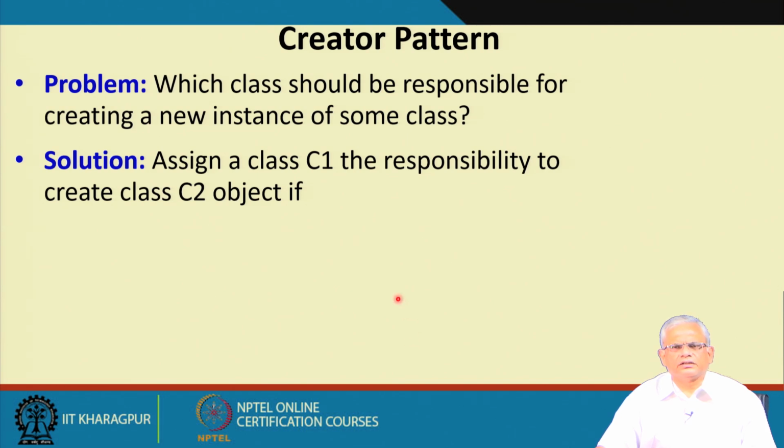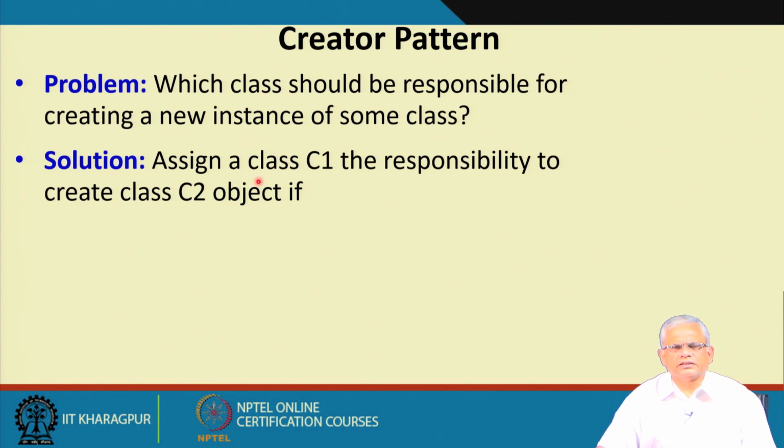Now, we can document the pattern in the typical documentation of a pattern. The problem addressed is: which class should be responsible for creating a new instance of some class?